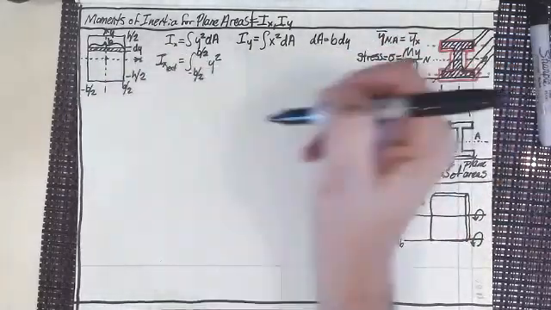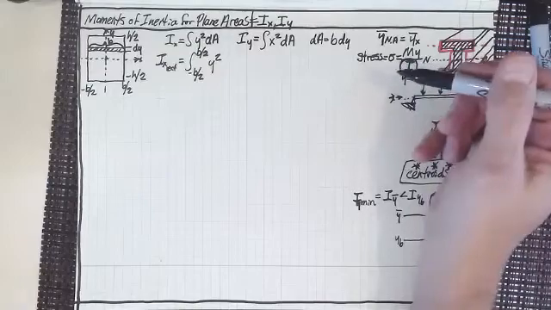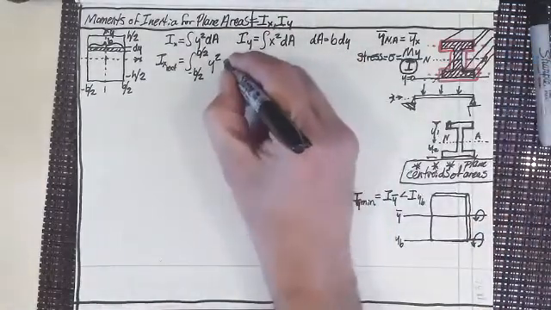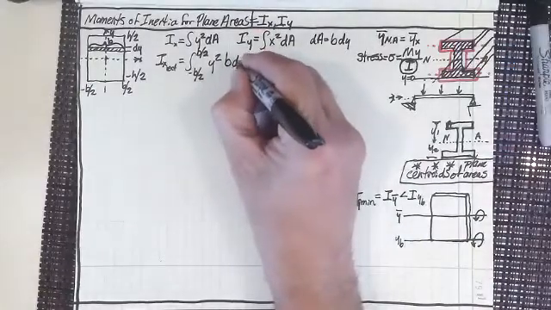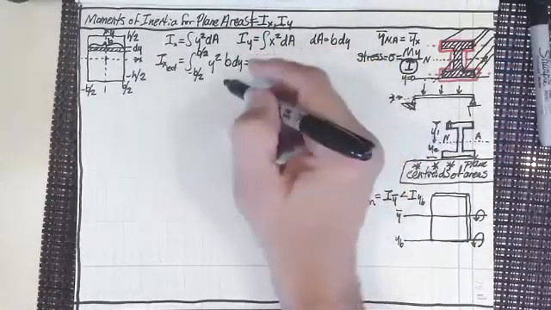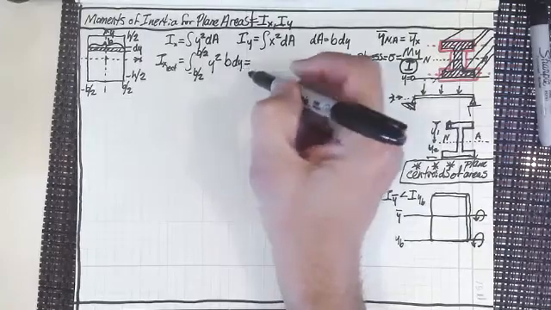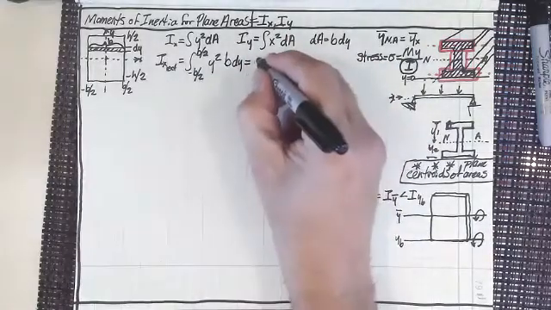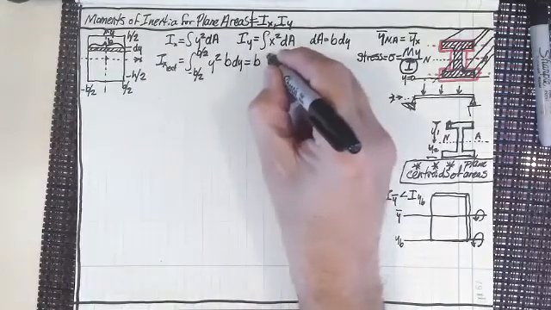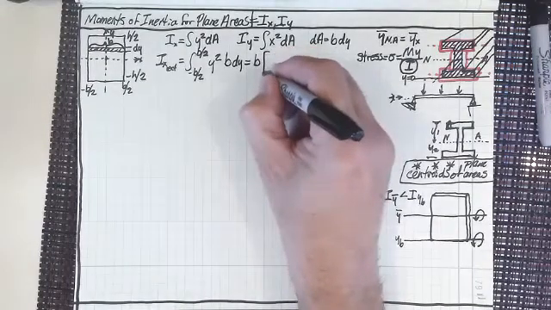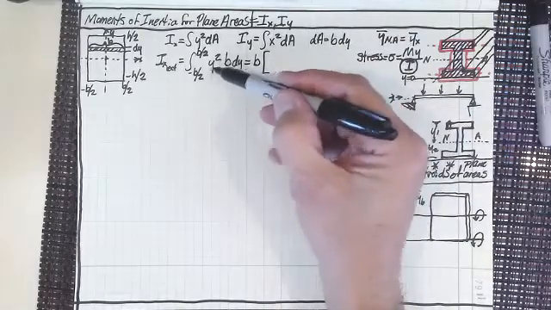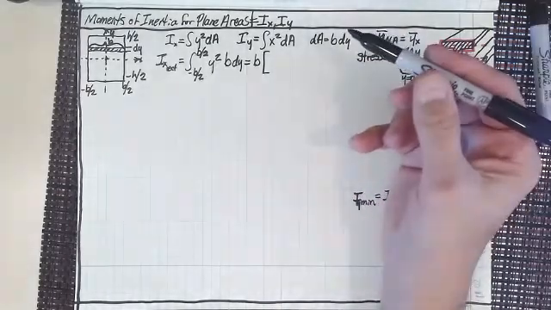We have to look at dx the other way, but I'm sure that you can do that yourself anyway. So let's write that in. So that's going to be b times dy. We can take that b outside of the integral, can't we? So that means that we've got b, and I'm just going to put a bracket here because everything else is really done inside here. And this is going to be y cubed over 3, isn't it?